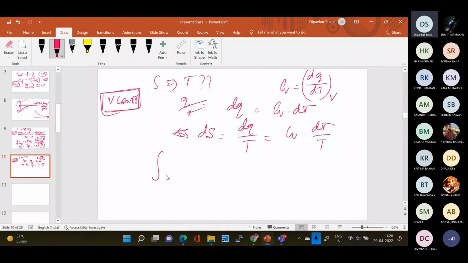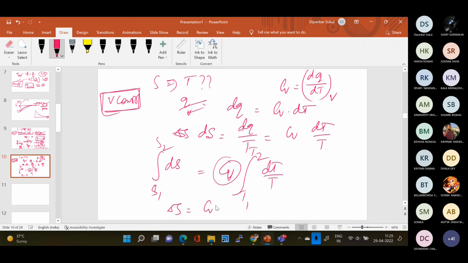Now if you integrate, that is S1 to S2, if Cv is independent of temperature, it will come out of the integration sign. And what will be the case? Delta S will be equal to Cv, how much will it be? Tell.